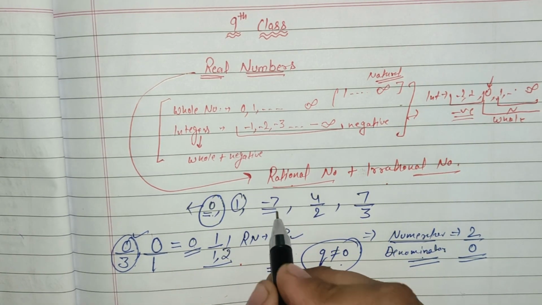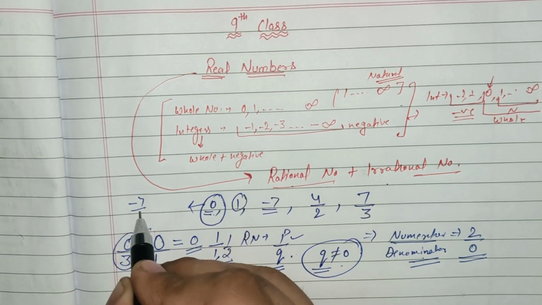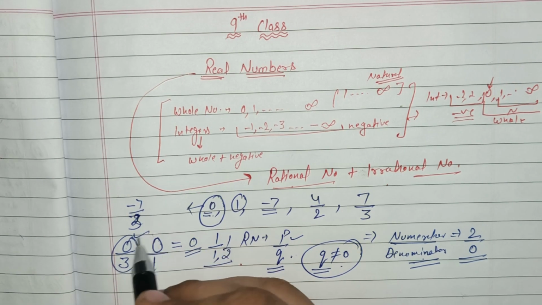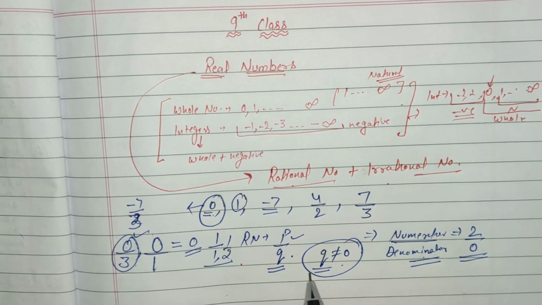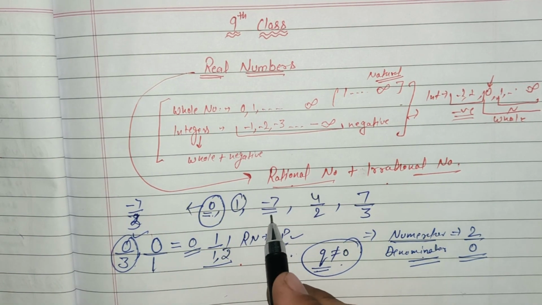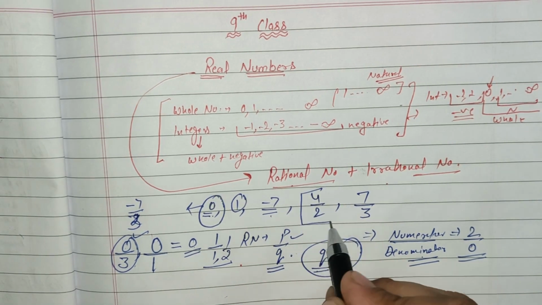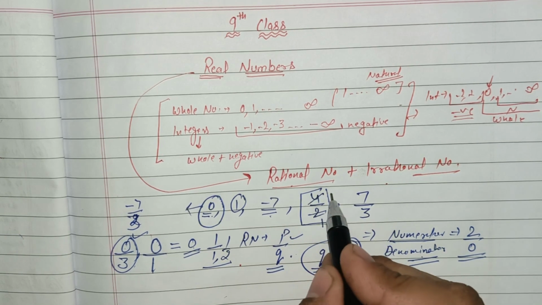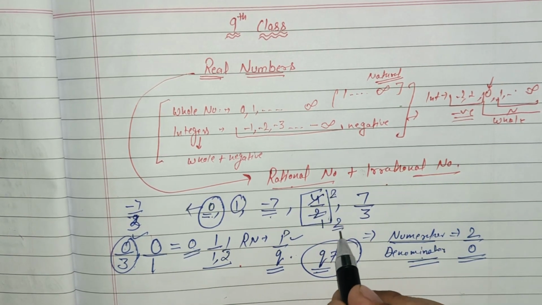Coming to -7, -7 upon 1, -7 upon 2, -7 upon 3, if it can be written in the form of anything where the denominator is not 0, it is a rational number. Here it is written 4 upon 2. We can also reduce it to 2 upon 1.